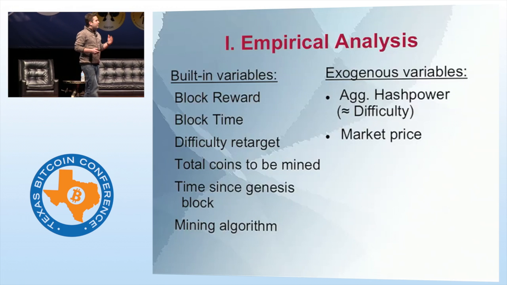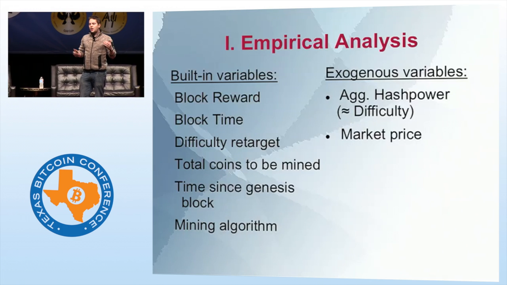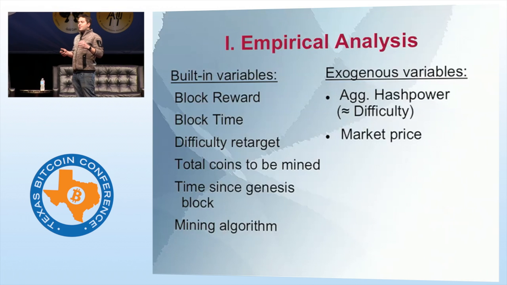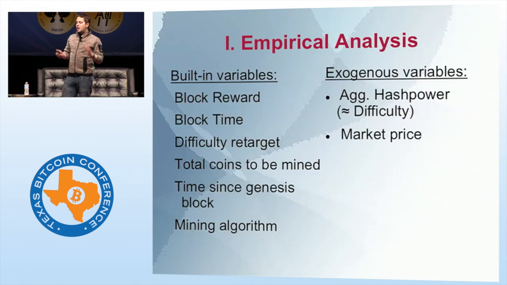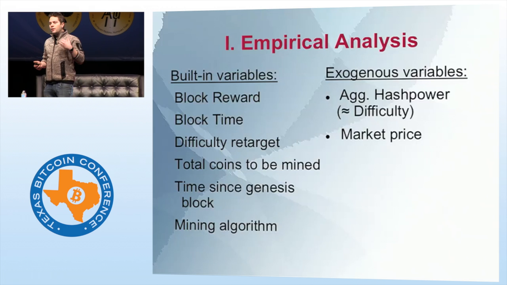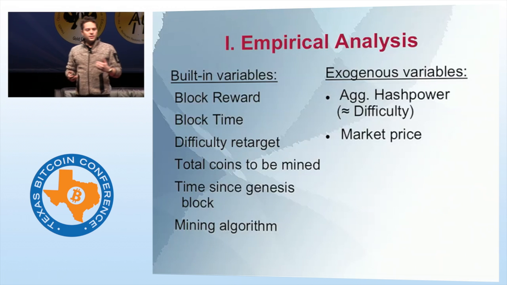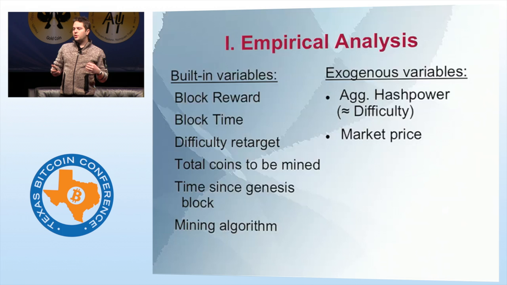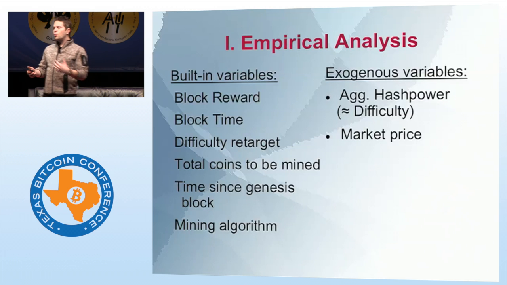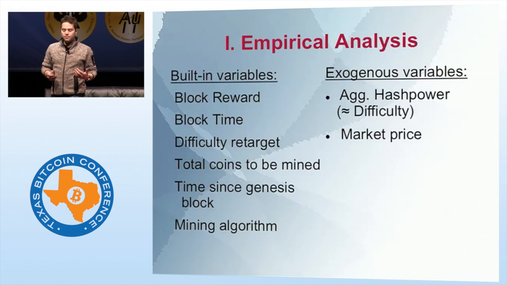So looking at all these cryptocurrencies that have a common lineage to Bitcoin, there's a rich data set of some common attributes that they all have. And by examining differences in the values of these attributes of all these different cryptocurrencies, I was able to run a multiple regression analysis that determined which of these matter in relative price formation and which of them didn't.